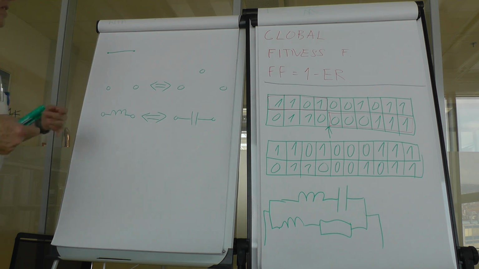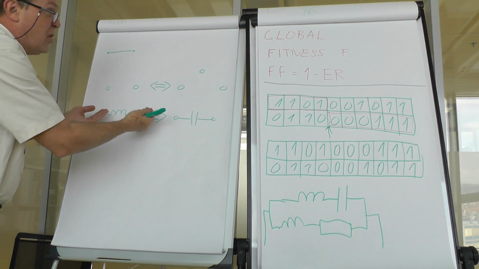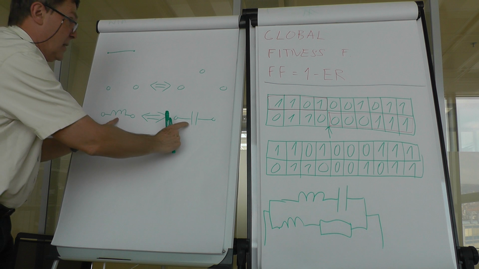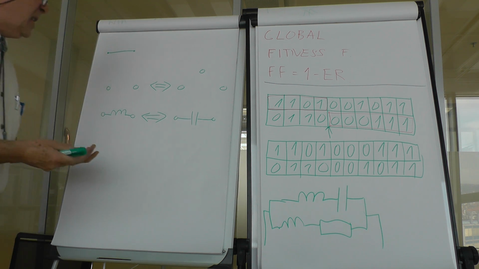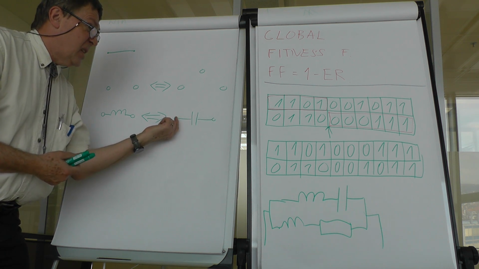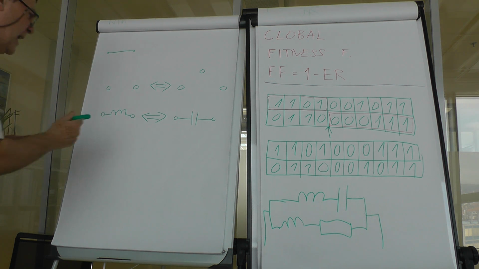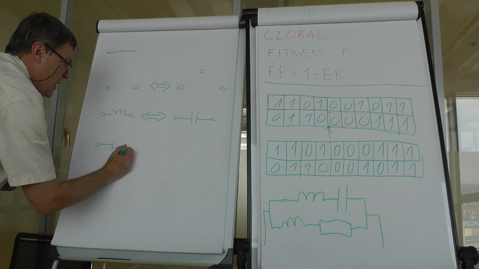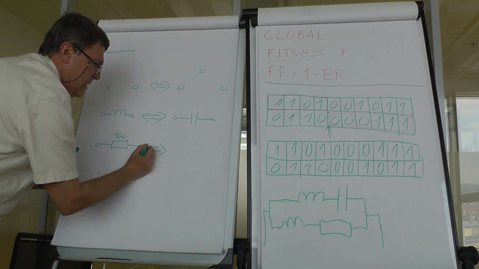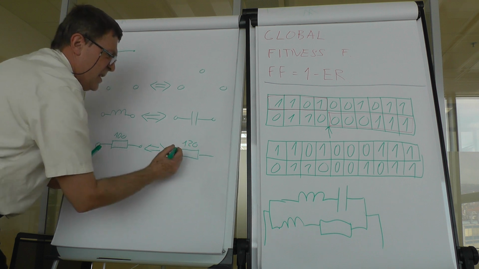Then, of course, besides those great changes that change the number of inner nodes or the behavior of those things connecting the nodes in a qualitative way, we can also only change quantity, like we have a resistor of 100 ohms and we change it into a resistor of 120 ohms.